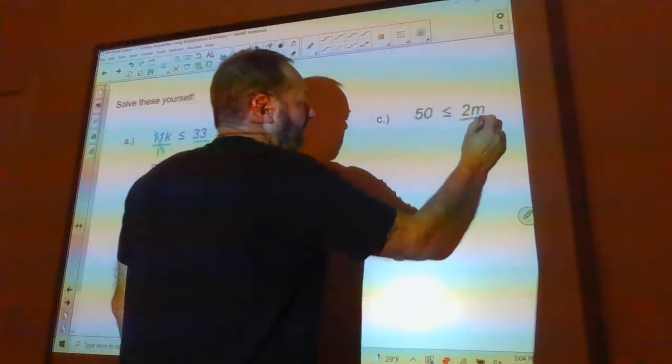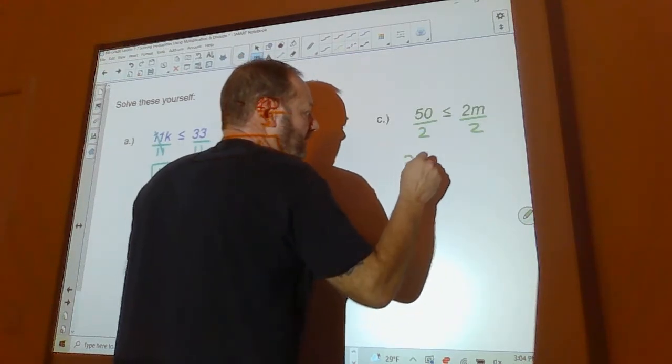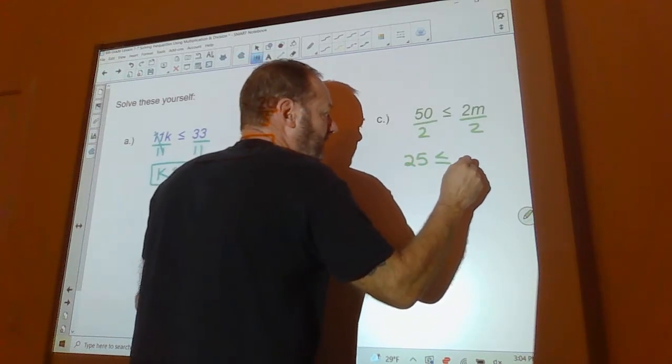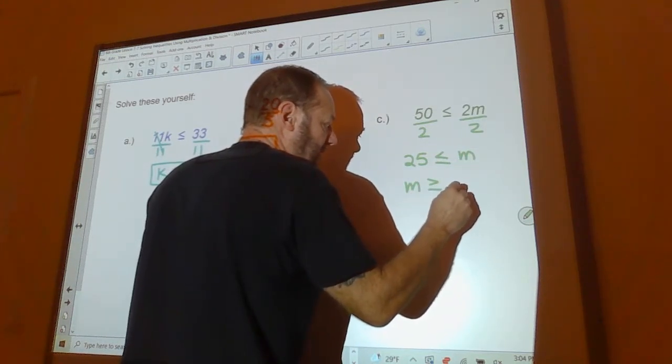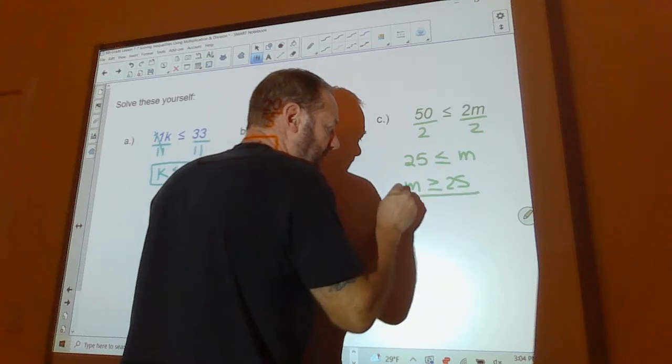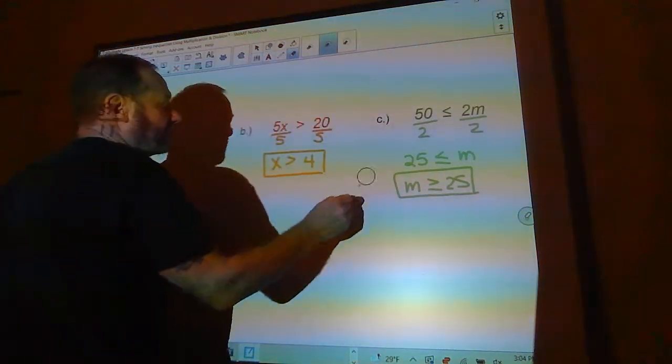On this one, we would divide both sides by 2. And we get 25 is less than or equal to m, which is better written like this: m is greater than or equal to 25. Either one of those will work, though. I'm not particular.